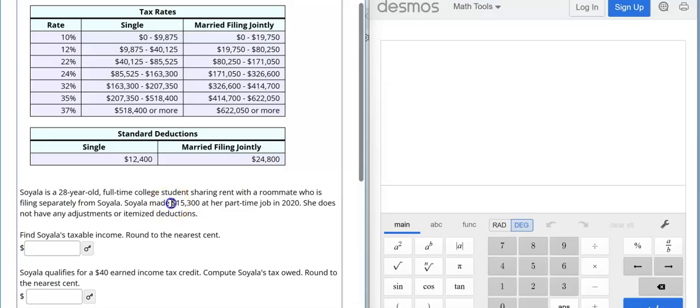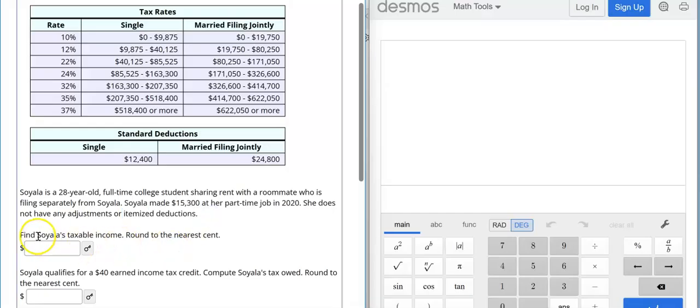She made $15,300 at a part-time job in 2020. That's her total income. Remember that this is the total income that shows up in her W2. She doesn't have any adjustment or itemized deduction.